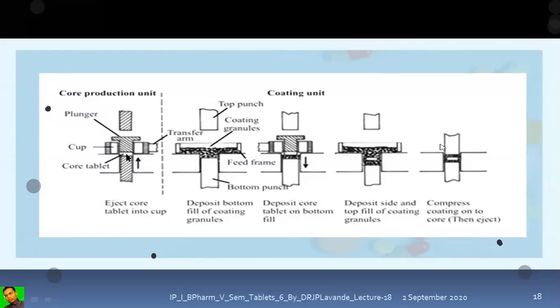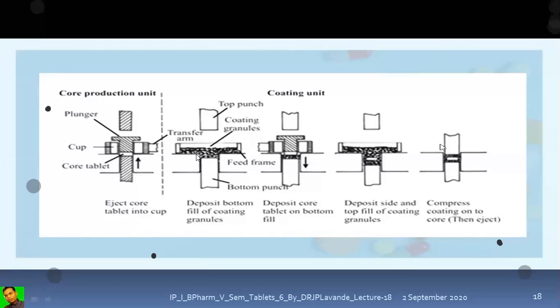Then this tablet is placed into another assembly. So deposit a bottom fill of coating granules. You can see there is another coating unit which consists of a larger diameter die, which is already preloaded with the coating granules.